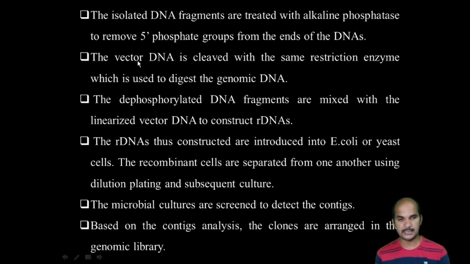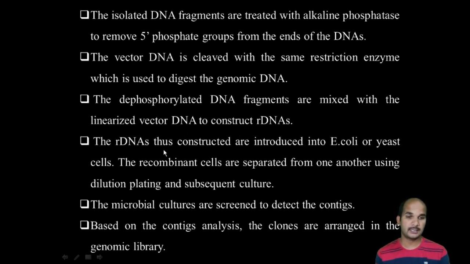The vector DNA is cleaved with the same restriction enzyme used to digest the genomic DNA. The dephosphorylated DNA fragments are mixed with the linearized vector DNA to construct rDNAs.